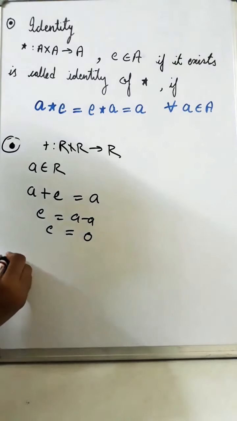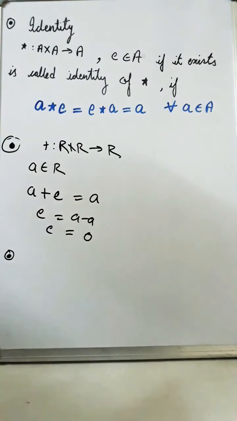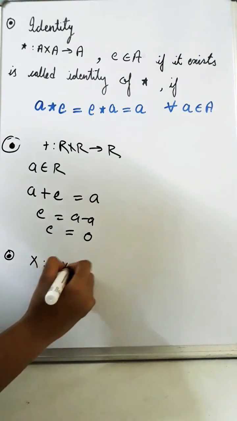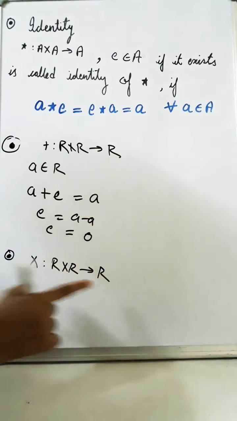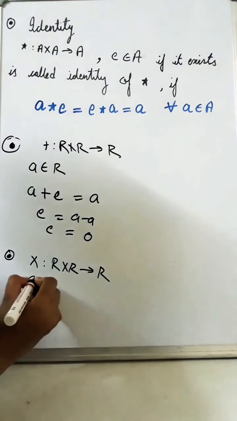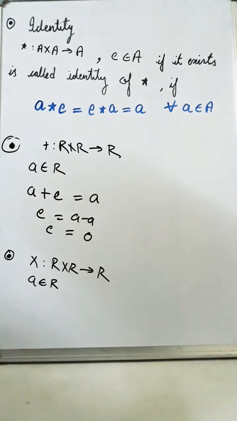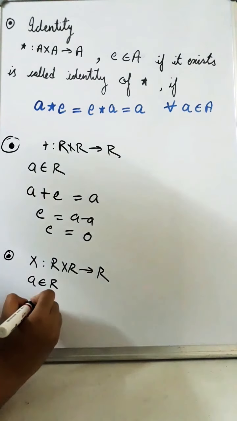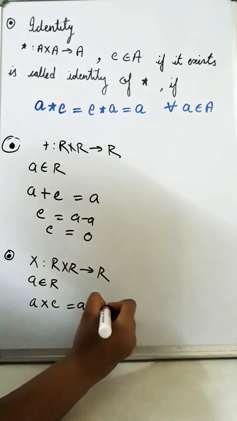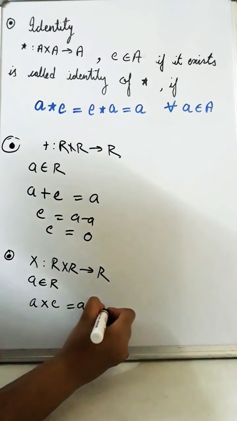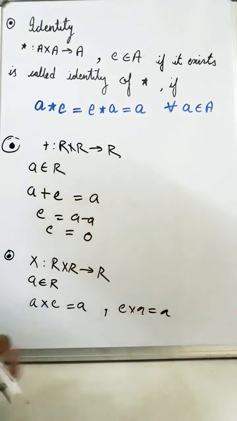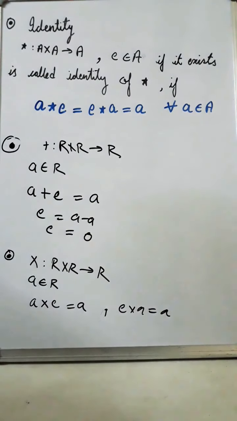Similarly, multiplication is also a binary operation on real numbers. So now let us find the identity of multiplication. Let A belong to the real number set, and A into E is equal to A, or E into A is equal to A. Both are the same thing, because multiplication is also commutative in nature.